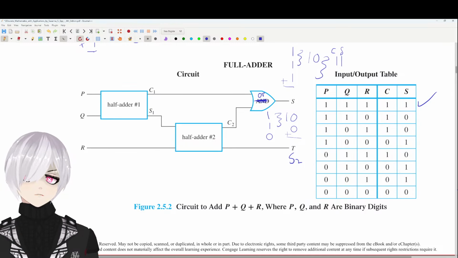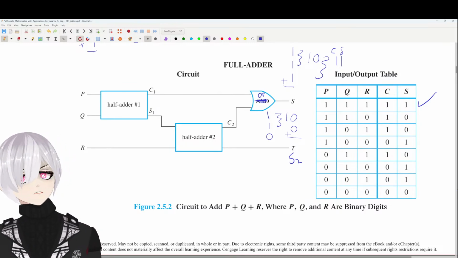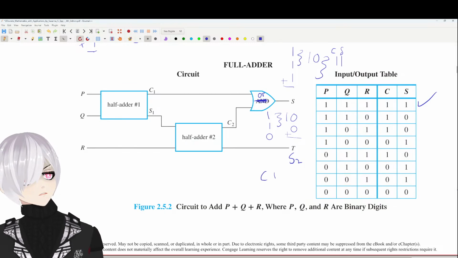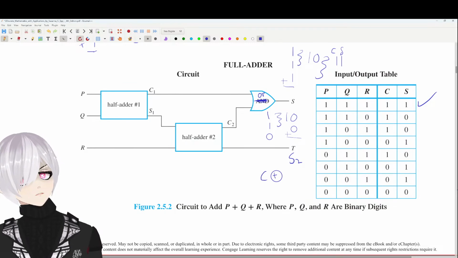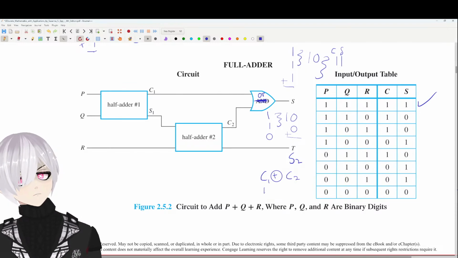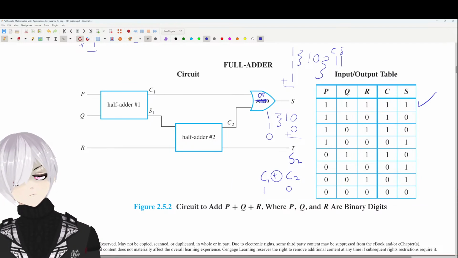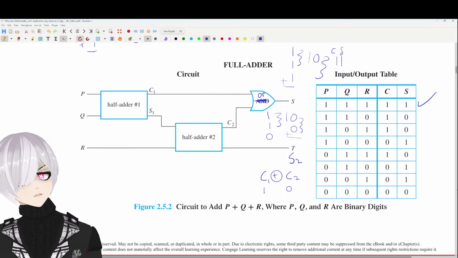And your final C would be the, I guess the XOR of your C1, which was 1, and C2, which was 0, because when you summed S1 and R, C2 would turn out to be 0.